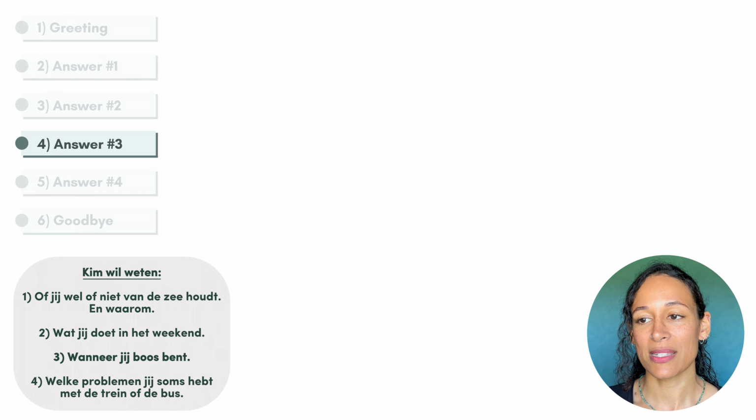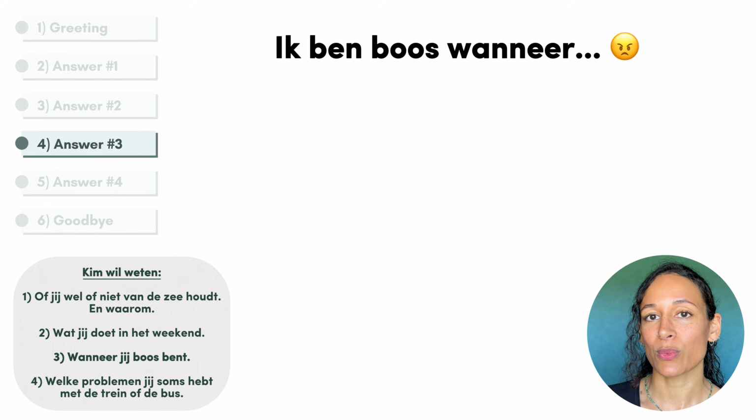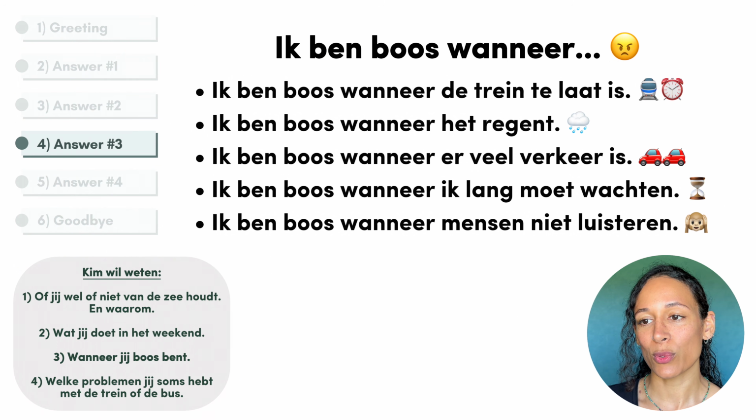De derde vraag is, wanneer ben jij boos? Here you could create a sentence like, ik ben boos wanneer... Bijvoorbeeld, ik ben boos wanneer de trein te laat is. Wanneer het regent. Wanneer er veel verkeer is. Enzovoort. Wanneer is a question word, and it means when. You can use question words to create questions. For example, wanneer regent het?